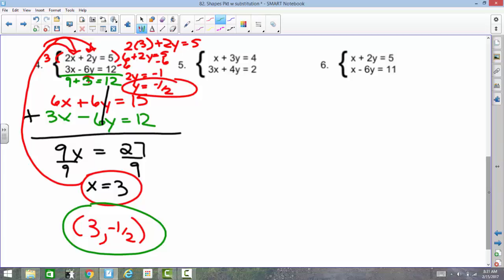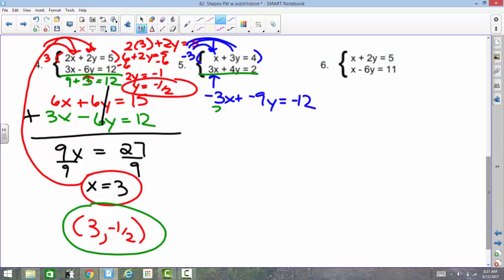All right, looking at 5. It's going to be easiest to get the x to be the same coefficient. It's also easier to add. So if you multiply the top by negative 3, then you can add to eliminate the x. So rewriting the top, multiplying by negative 3: negative 3x plus negative 9y equals negative 12.